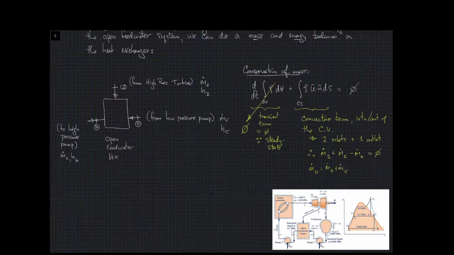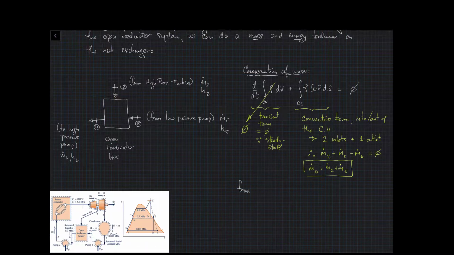Now I could be a little bit more rigorous here to look at the velocity profile and make some assumptions, but I'll save that for the energy equation that we're going to do next. Okay, so that box equation here relates all 3 mass flow rates that we've got into our control volume, assuming steady state.